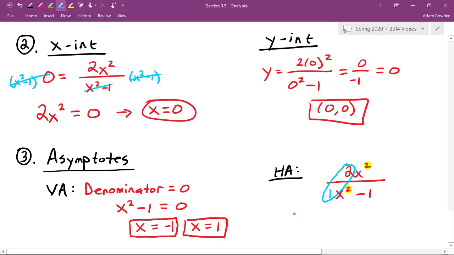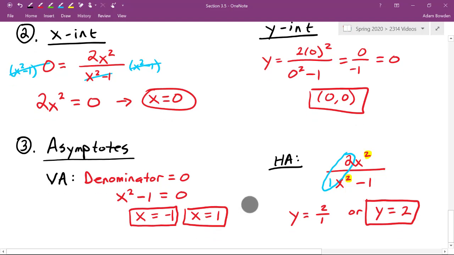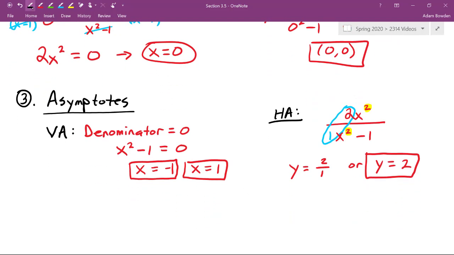So y equals 2 divided by 1, or y equals just 2, would be the equation of the horizontal line, which goes for the horizontal asymptote. Now, to talk about the last one, the slant asymptotes, which I'm abbreviating here SA, basically we're not going to have any slant asymptotes if there's a horizontal asymptote already. So those now show us what our asymptotes are.